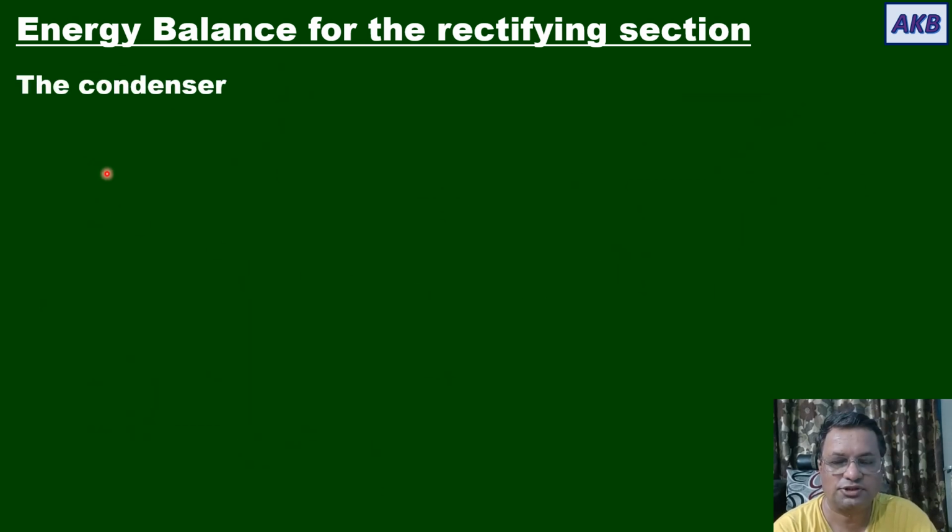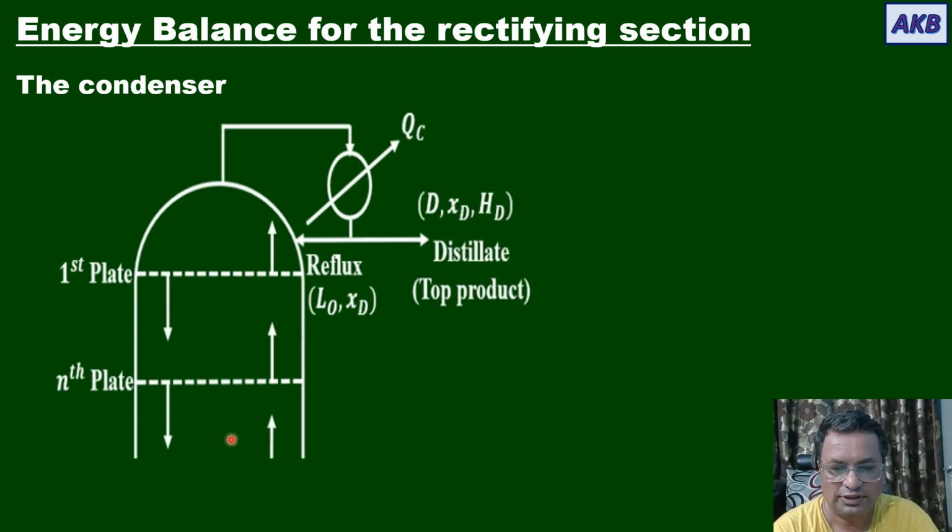Okay, now let us understand. Let us first write the energy balance for the condenser. So for that I am again showing you the section, and for our discussion let us use this notation. The liquid stream that leaves the first plate will be identified by these notations. L1 represents its molar flow rate, X1 represents the mole fraction of A in it, and HL1 represents the enthalpy of that liquid, the enthalpy of the liquid that is leaving tray number 1.